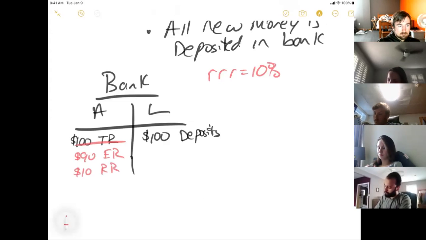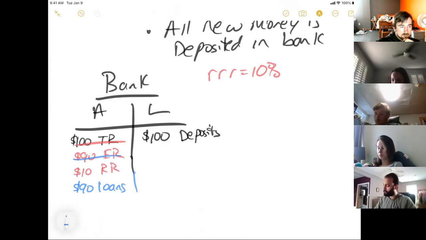So what does the bank do? Eventually, the bank would like to get rid of those $90 in excess reserves and create $90 in loans. Okay?